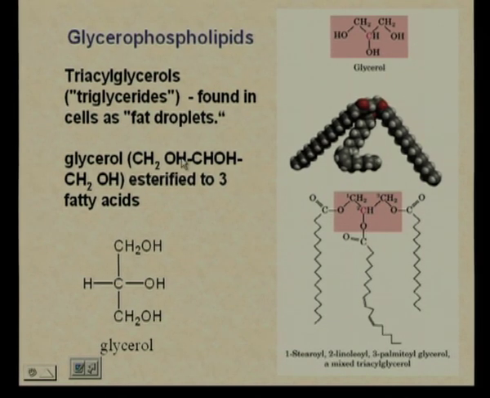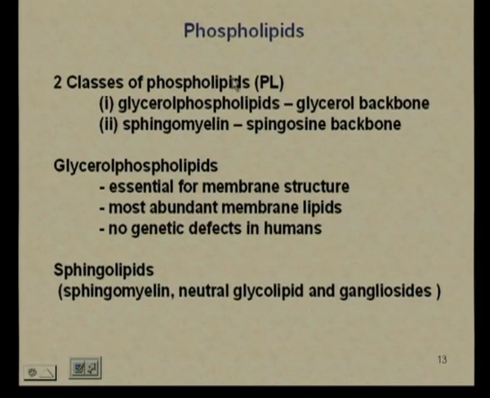Now, we are going to see how we can change the properties of the groups here and change what the glycerophospholipids are actually made of. What we have therefore are called phospholipids. What are these phospholipids? There are 2 classes of phospholipids that form cell membranes.